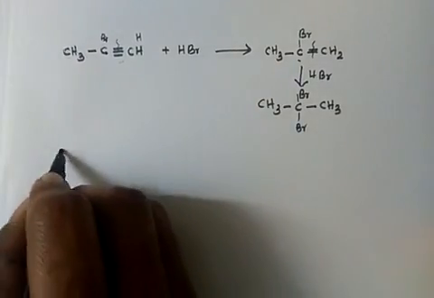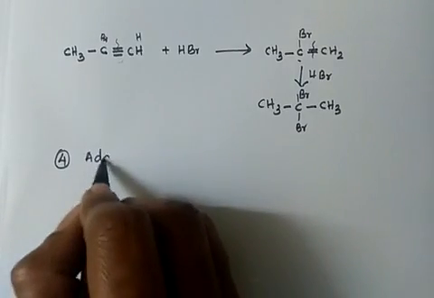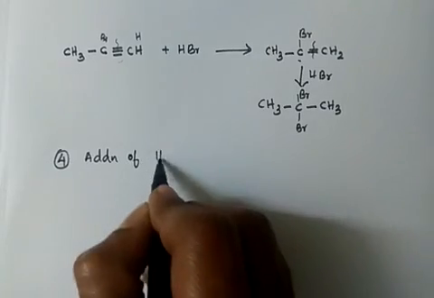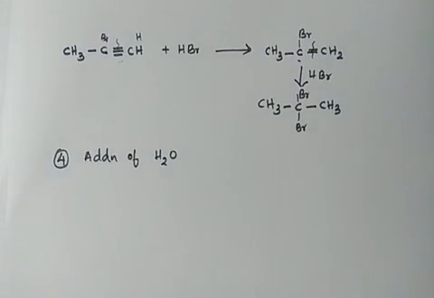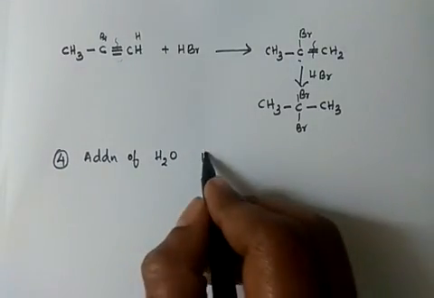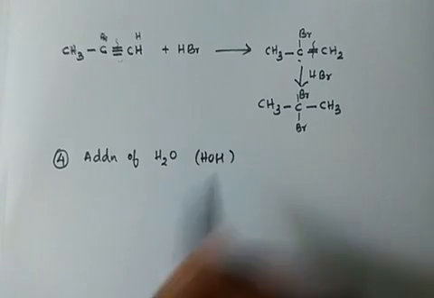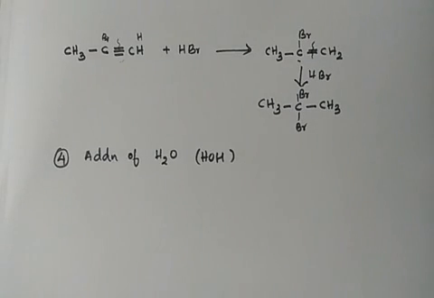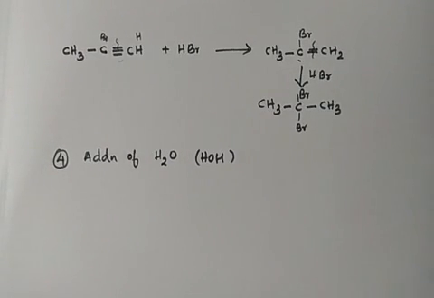Then the fourth one is the addition of water. The addition of water, H2O, you may write as HOH. Addition of water also takes place in a similar way to that of a hydrogen halide. That is, Markovnikov's addition reaction is followed here also.